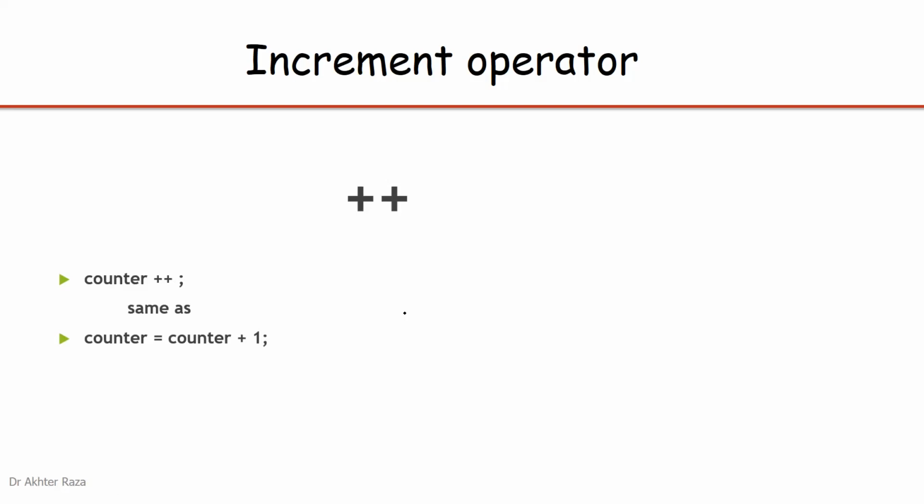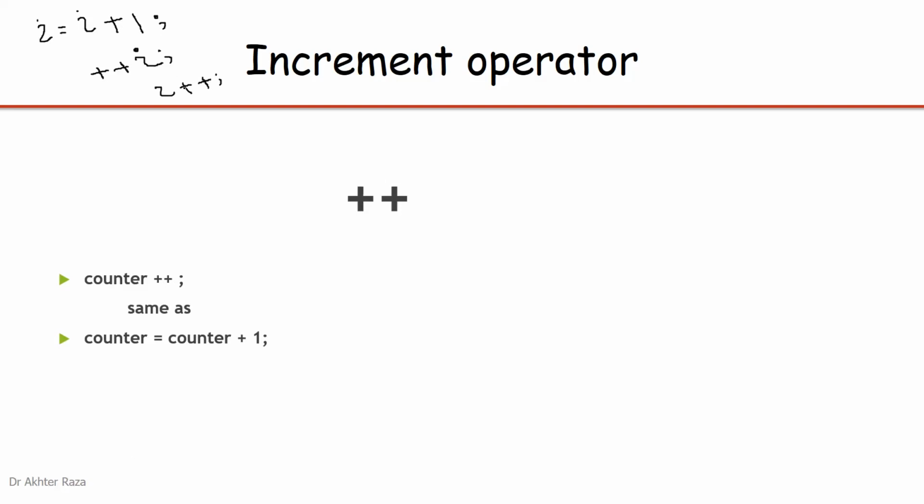I used counter is equal to counter plus 1, or we can write I is equal to I plus 1. So I is equal to I plus 1 can be written as plus plus I as a prefix, or as I plus plus as a suffix.